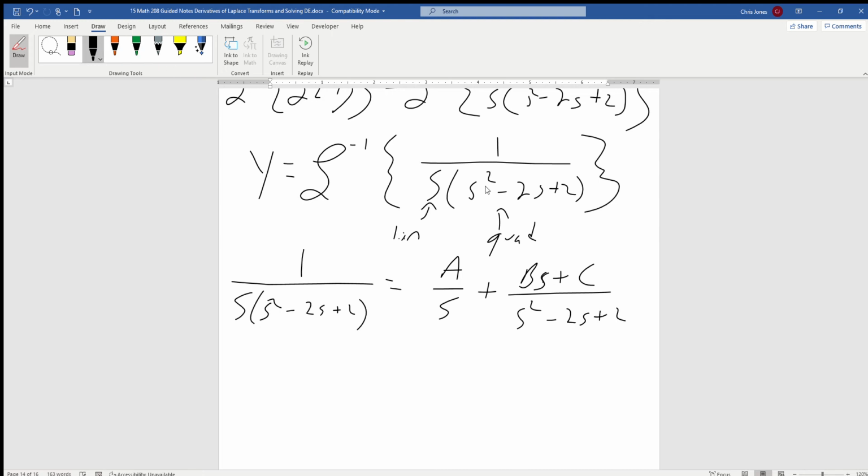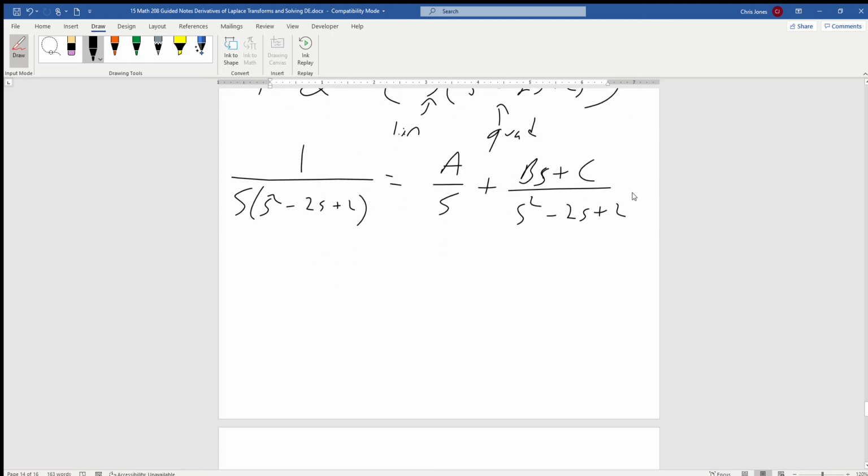And then, just like we've done before, we're going to multiply through by the common denominator of s times (s squared minus 2s plus 2). So we get 1 is equal to A. Now the s is going to cancel with the s in the denominator here. So we're just going to be left with the s squared minus 2s plus 2. And then we have that Bs plus C times s.